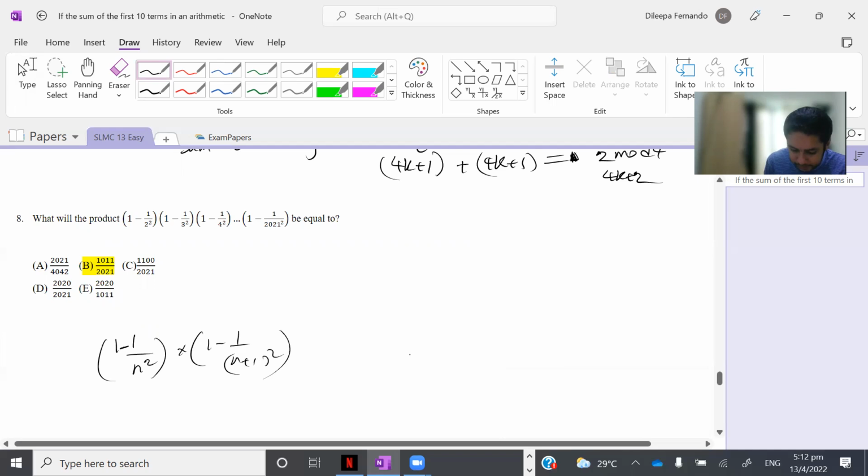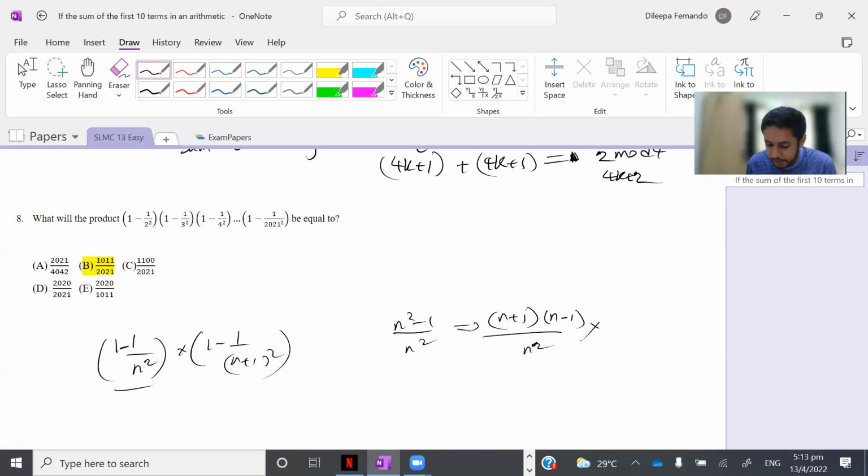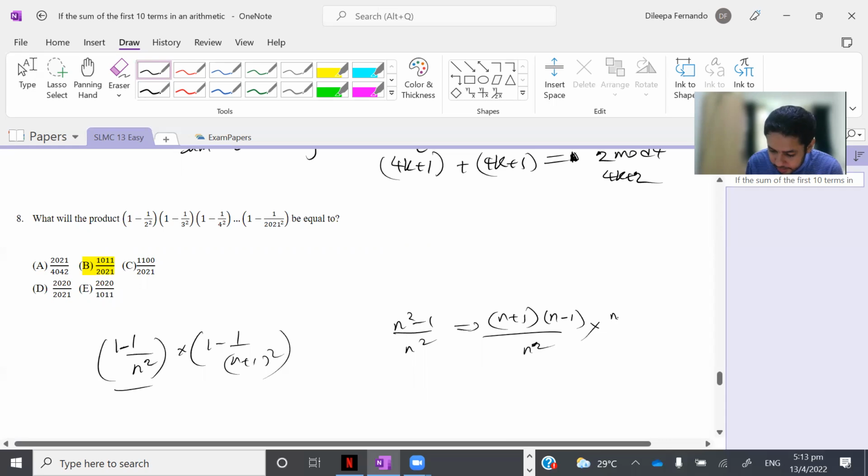If you write these, the first term becomes n squared minus 1 over n squared, which is n plus 1 times n minus 1 over n squared. And when you write the n plus 1 term, that becomes n plus 1 squared minus 1, which means n plus 2 times n.